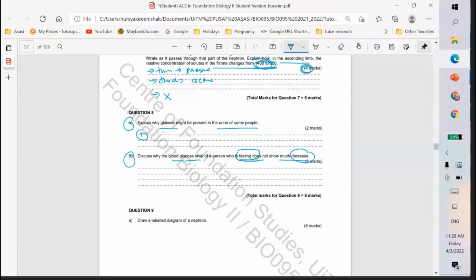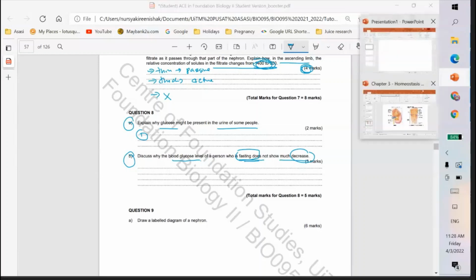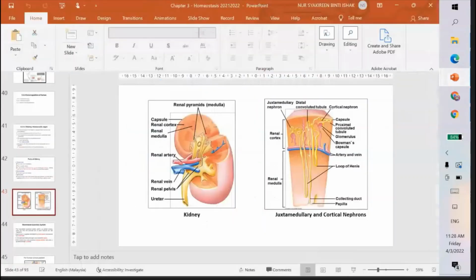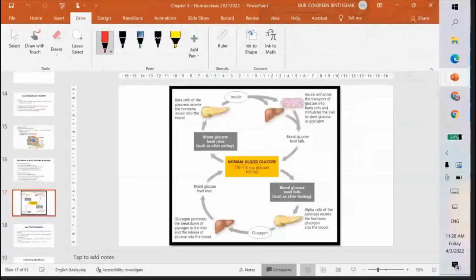If you refer to your notes on blood glucose regulation, what is the normal set point? The normal blood glucose level is maintained at 70 to 110 milligrams of glucose per 100 ml of blood.